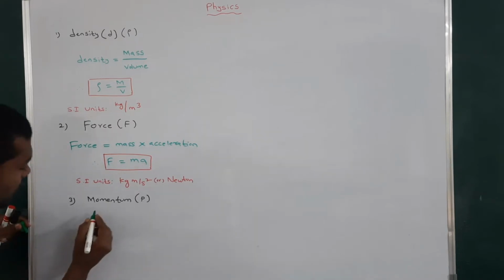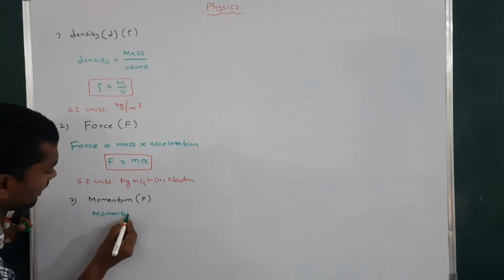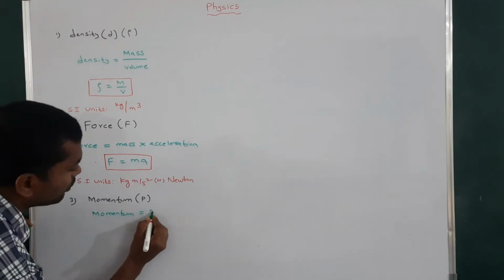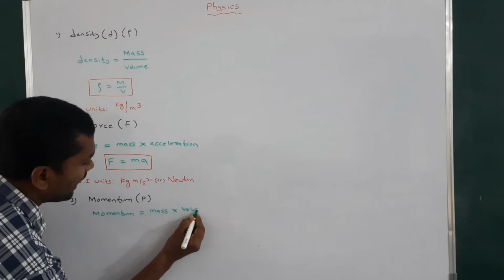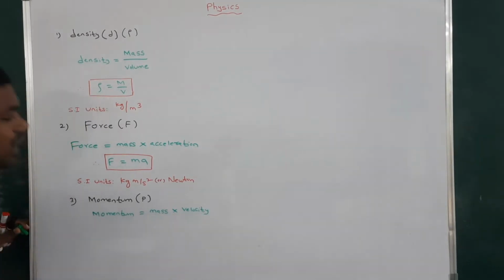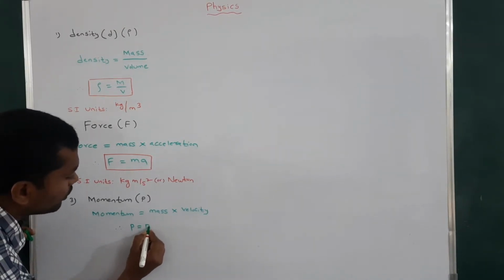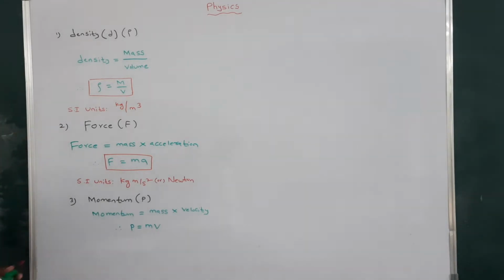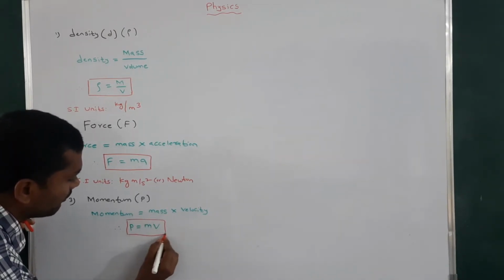Momentum is equal to mass into velocity. P is equal to m into v, P is equal to mv. So this is the principle of momentum.